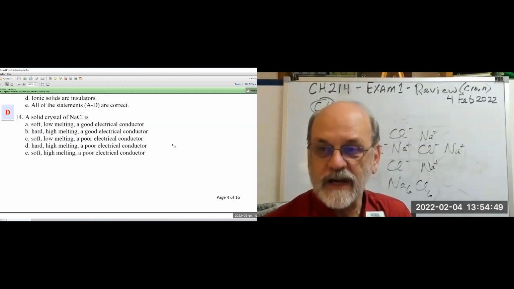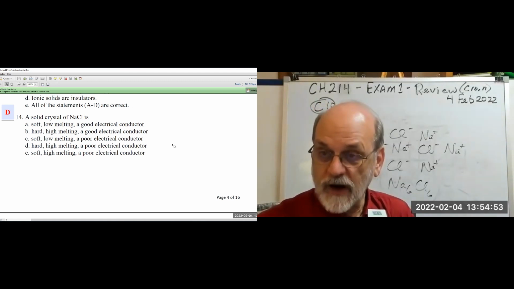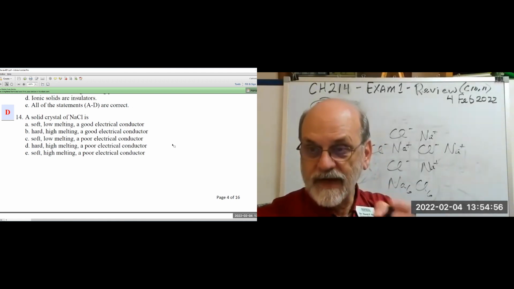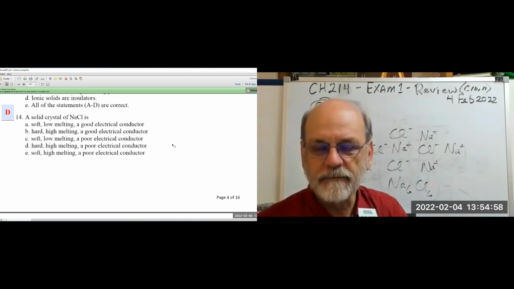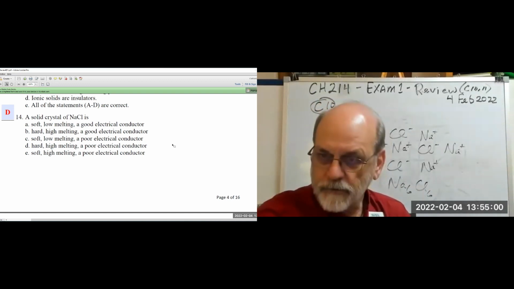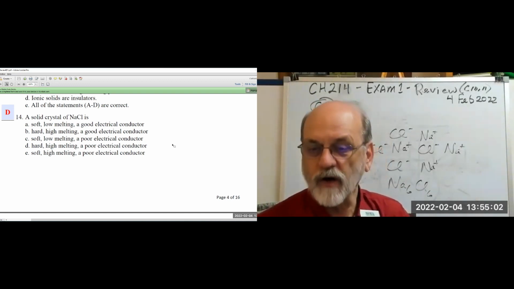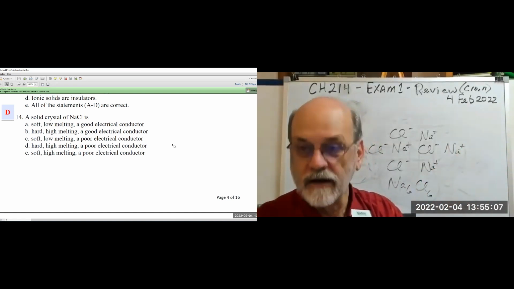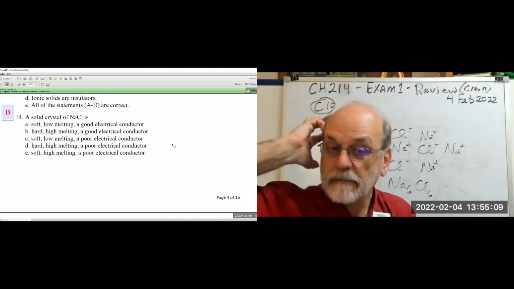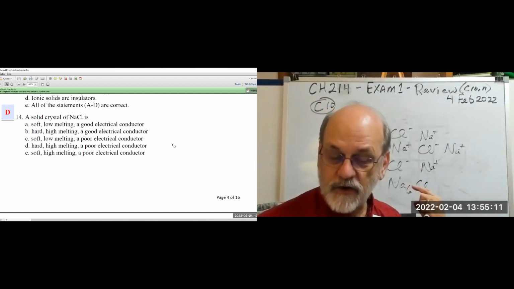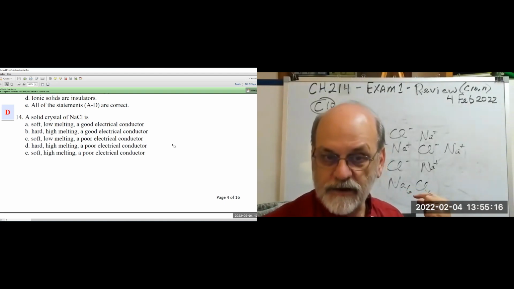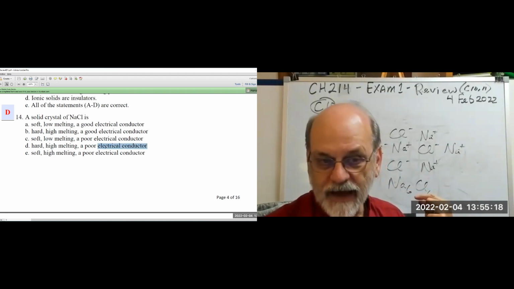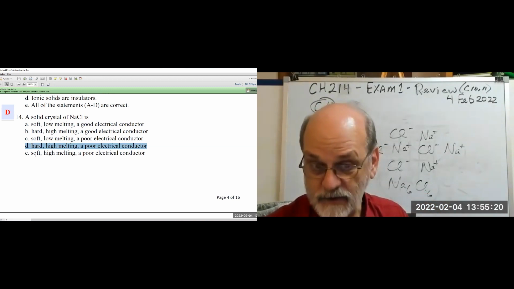The only way you can get them to move, actually, there are 2 ways: either melt your sodium chloride, which frees up the ions to move, now they conduct, or throw some in water, and the water will do the breaking for you. It'll just bust up the ions, now they can conduct electricity. So this solid crystal of sodium chloride is an electrical insulator. It's a poor electrical conductor. That's why D is the answer.